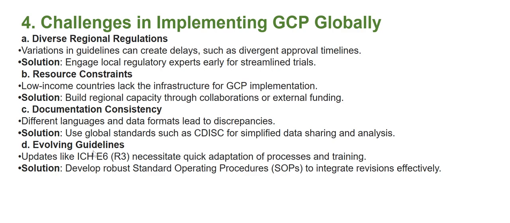D, evolving guidelines. Updates like ICH-E6 R3 necessitate quick adaptation of processes and training. And the solution for that is to develop robust standard operating procedures, SOPs, to integrate revisions effectively.